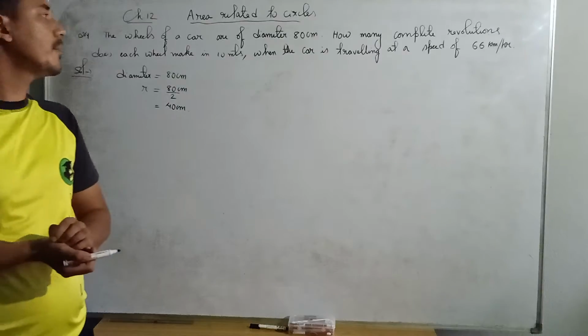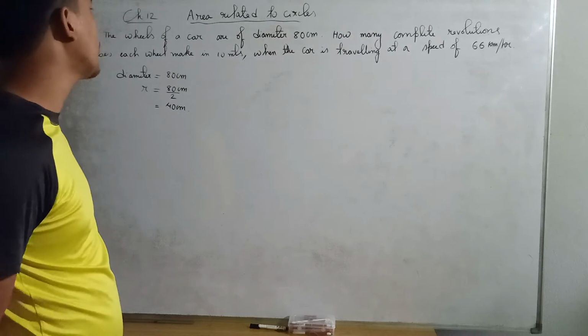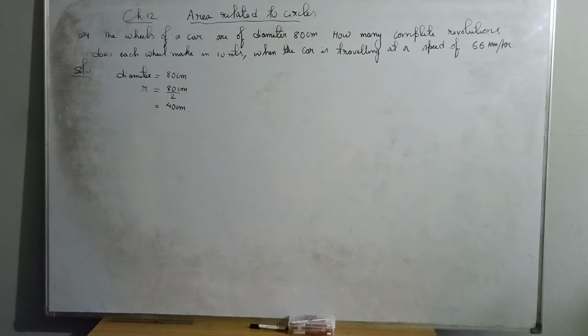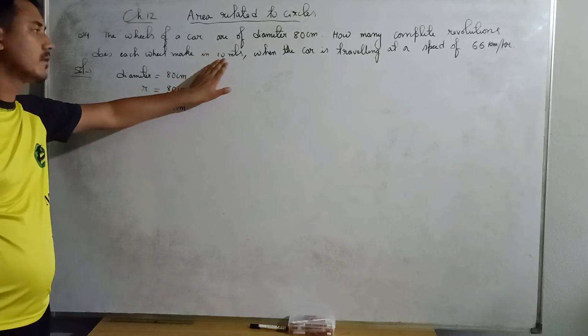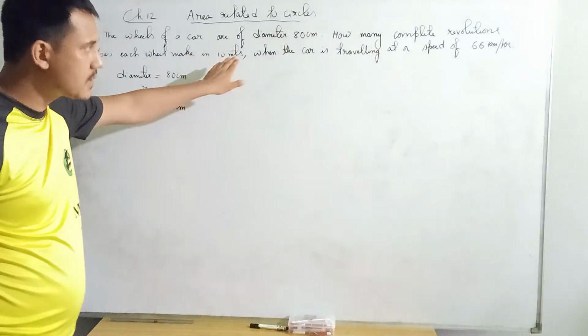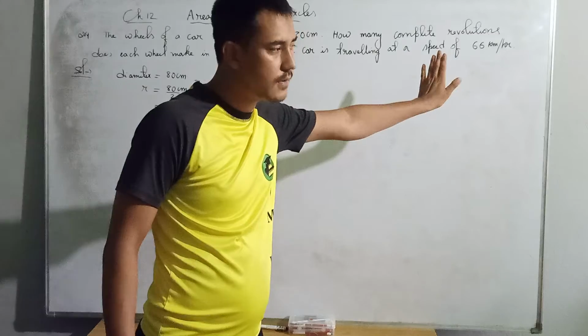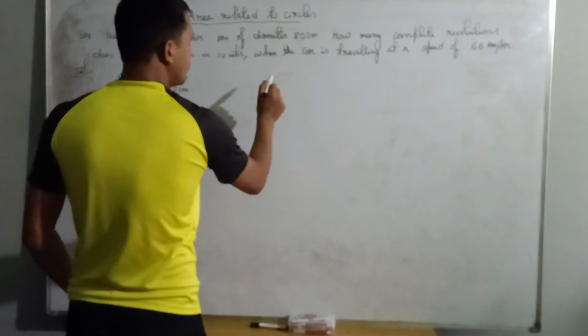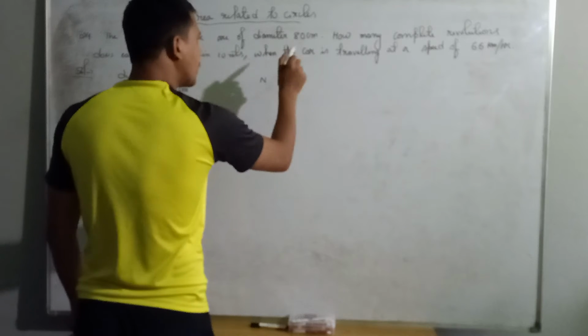Now, how many complete revolutions will the wheel make in 10 minutes when the car is traveling at a speed of 66 kilometer per hour? Very simple. The car has traveled for a time interval of 10 minutes and speed is given. I'll give you a hint, find the number of revolutions.